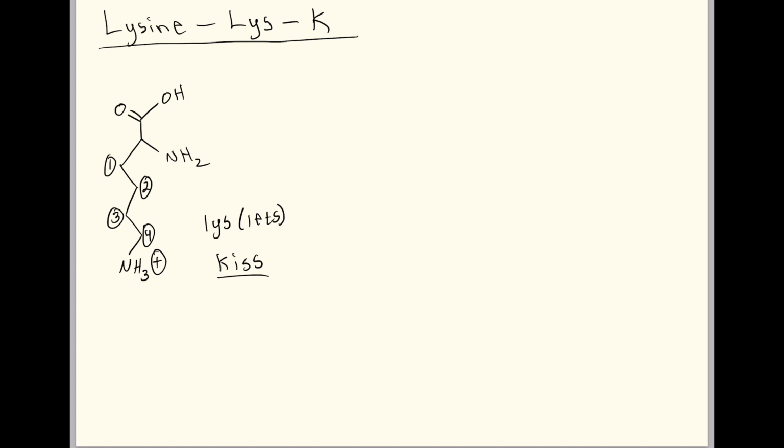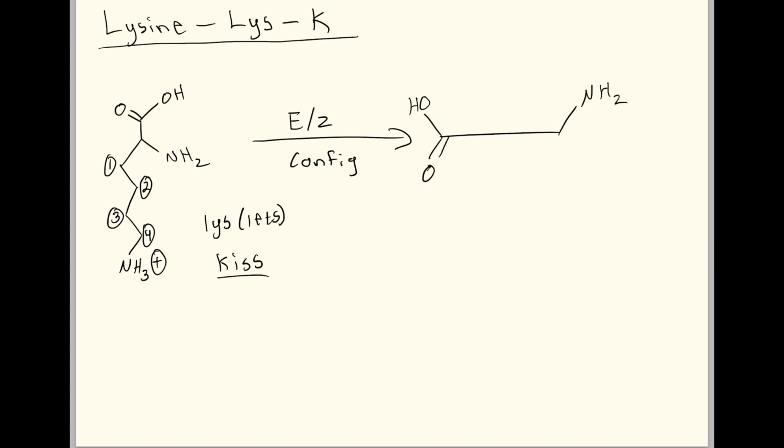group. And when you get kissed, you feel positive. So that's how I remember it. All right, guys. So now let's do the easy config to this structure. Your alcohol, your carboxyl group, your amino group.